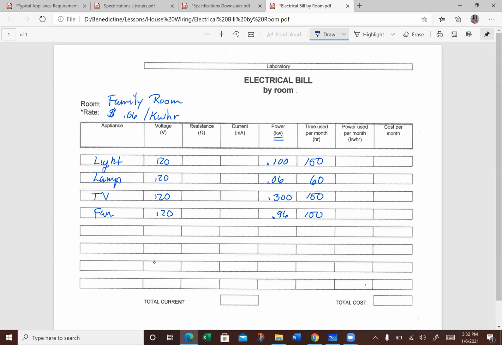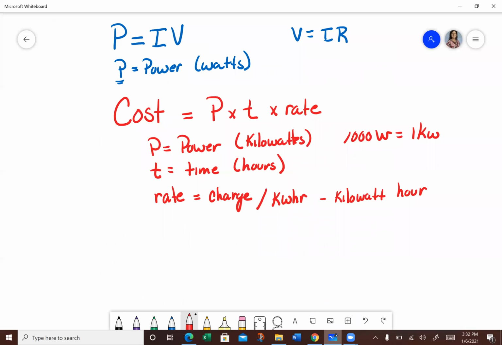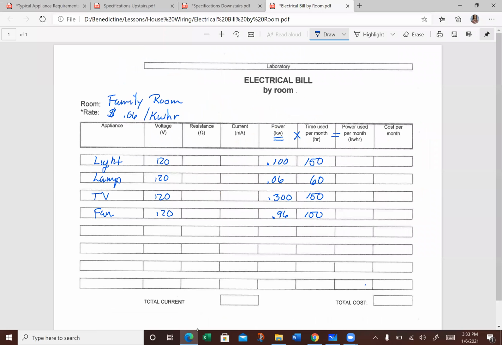Okay, so what we need to do, I'm just going to do one of these and you guys can fill out the rest of this. You're basically multiplying these two columns to get this column, which, if I go back to my whiteboard, is power times time. So that's giving us one value there. That's this column, right? So if I do my power times time, that's giving us this column, which is kilowatt hours.